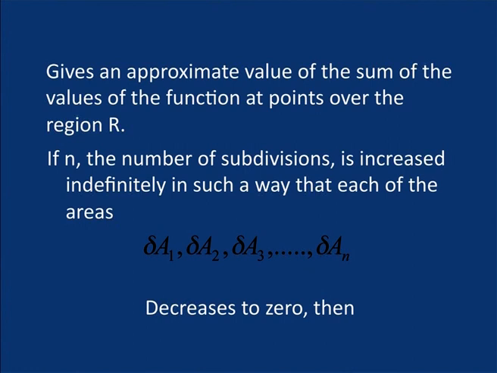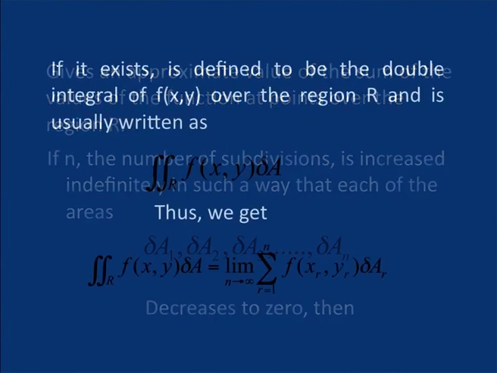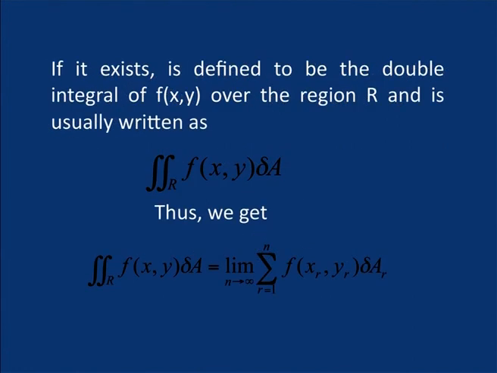If n, the number of subdivisions, is increased indefinitely in such a way that each of the areas delta A1, delta A2, delta A3 and so on delta An decreases to 0, then if this limit exists, it is defined to be the double integral of f(x, y) over the region R and is usually written as the integral over R of f(x, y) dA.